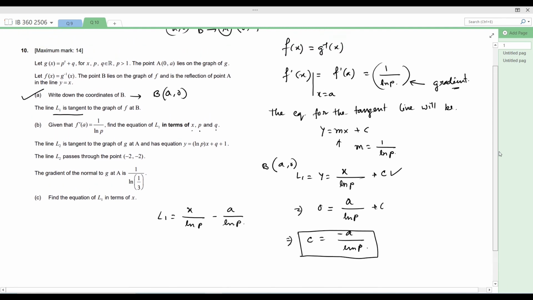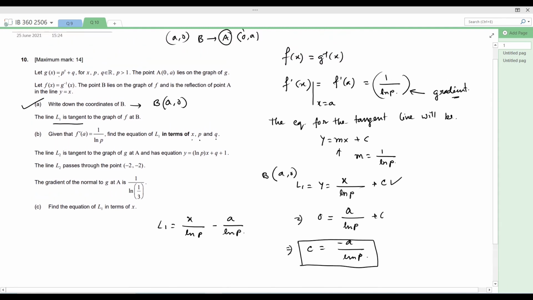See here, g of x equals p to the power x plus q, and the point A lies on this graph. So 0 comma a lies on this graph, so a equals p to the power 0 plus q, which gives a equals 1 plus q.